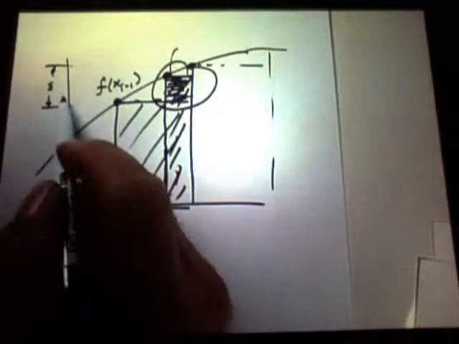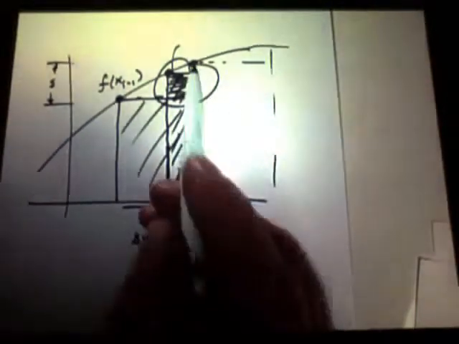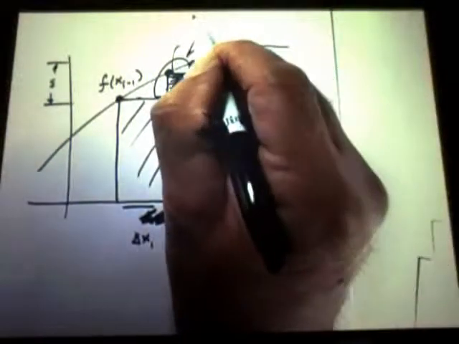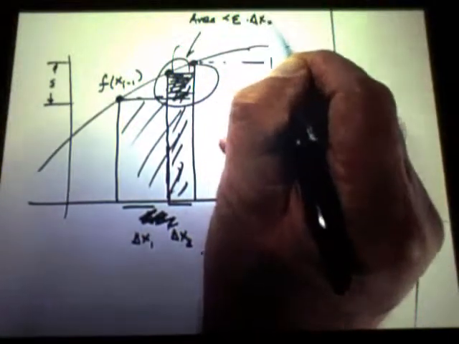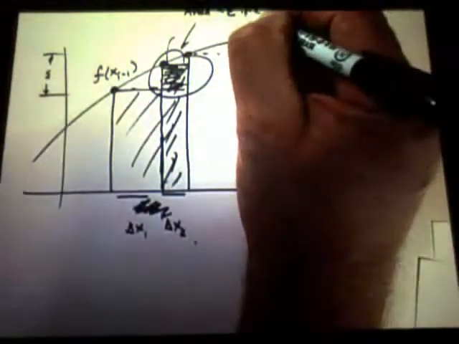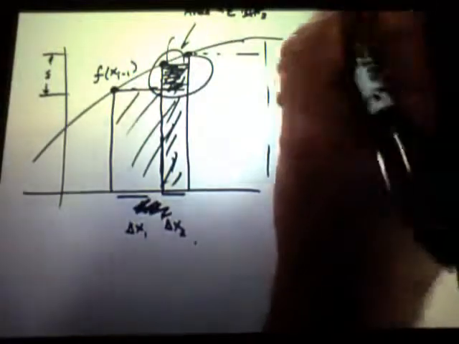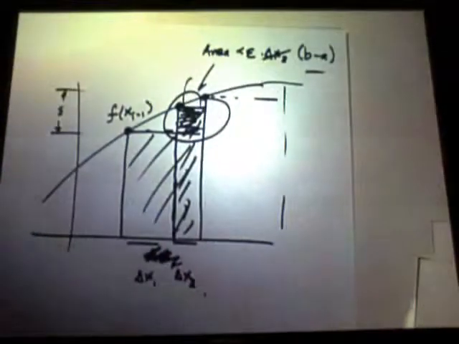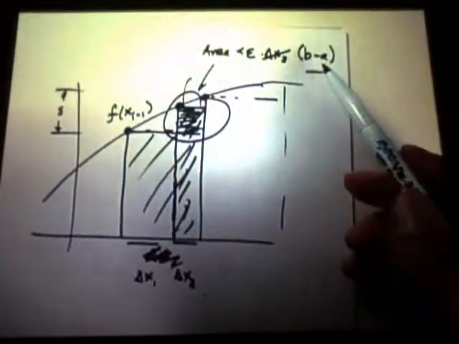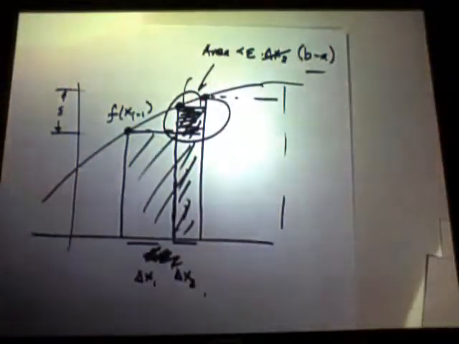So the additional area here is less than epsilon times delta x2. Let's be ridiculously wasteful and just put b minus a in there. That's going to work for everybody, because that's the total length over which we're integrating.